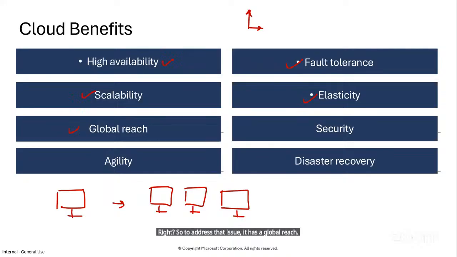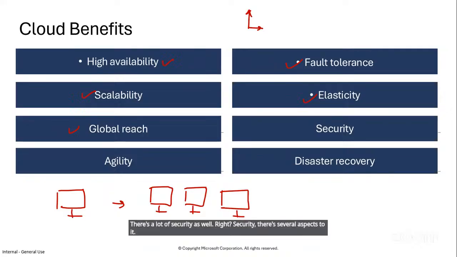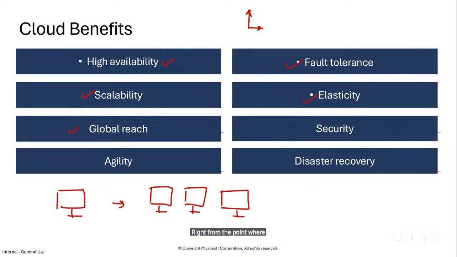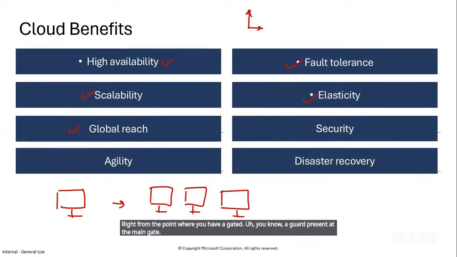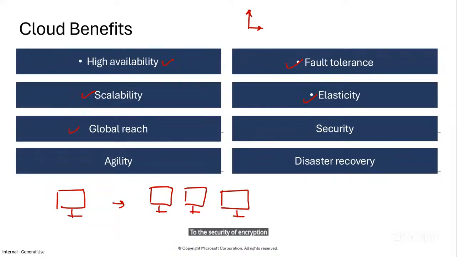There's a lot of security as well. Security has several aspects to it, right from the point where you have a guard present at the main gate, to the security of encryption. There are multiple locations and ways in which security is ensured within cloud.